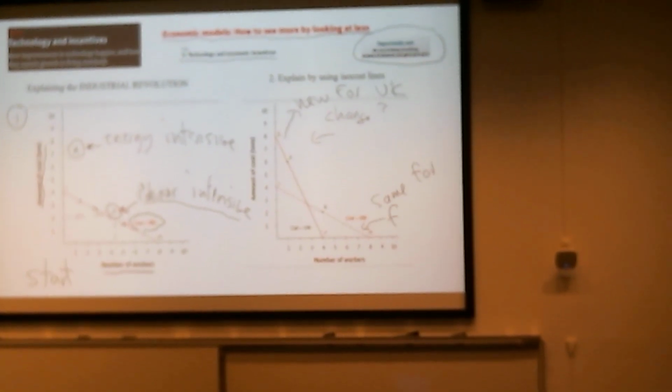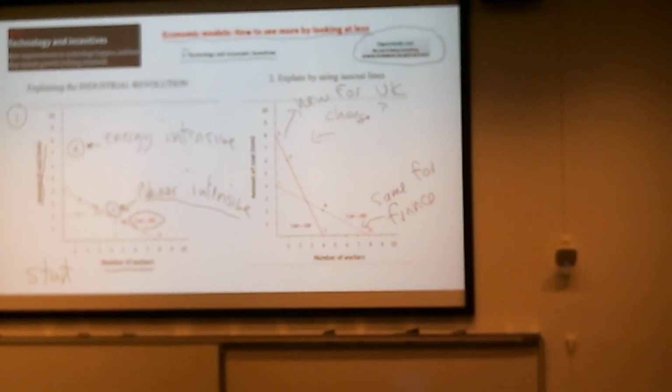Back to the definition, the slope is the relative price of labor compared to capital. Then it's a steeper slope. It's the price of labor that increased. So in this change, this slope here is the new one for UK, and this one is the same for France.